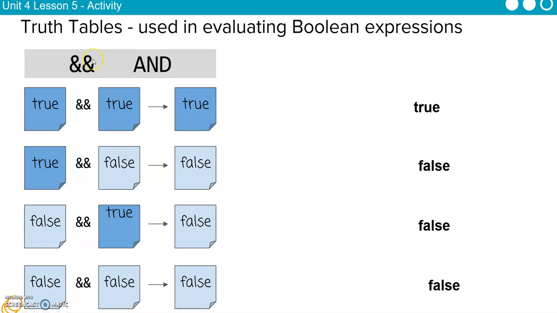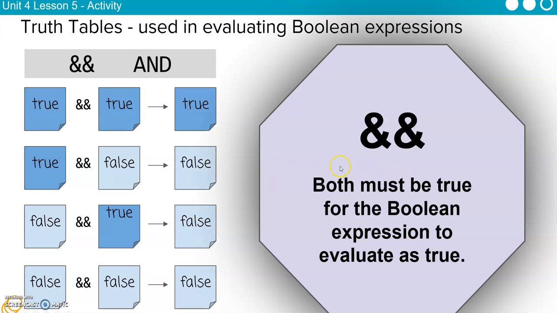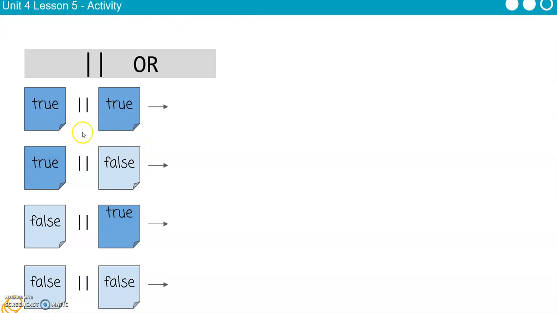If you're doing the and, in order for it to evaluate to true, both of these expressions have to be true. If you have one false or both falses, the whole thing is false. So for and, both of them have to be true. The or is more permissive. If you have true or true, that's true.